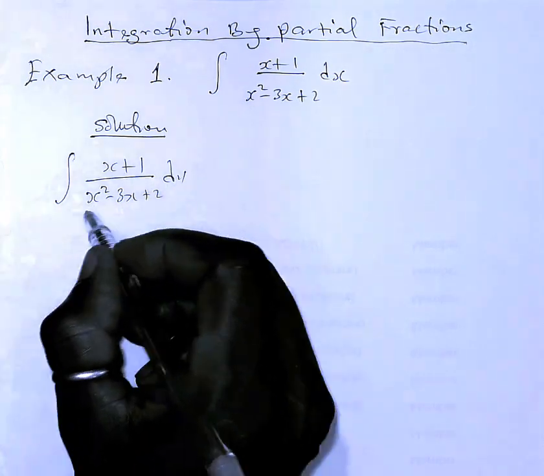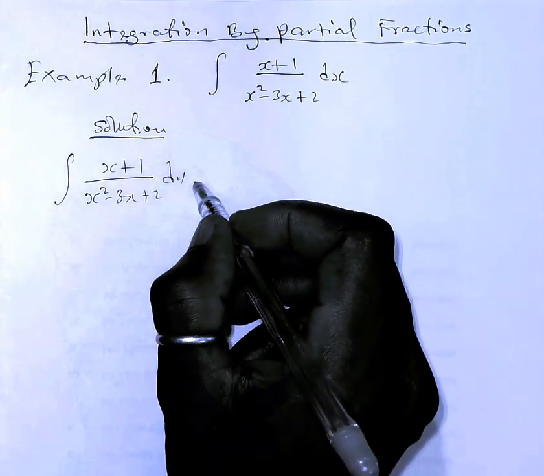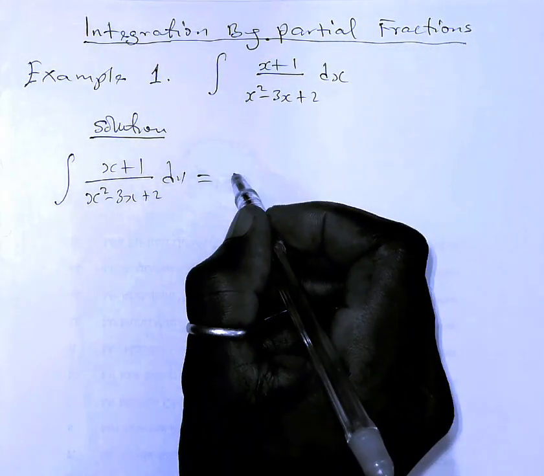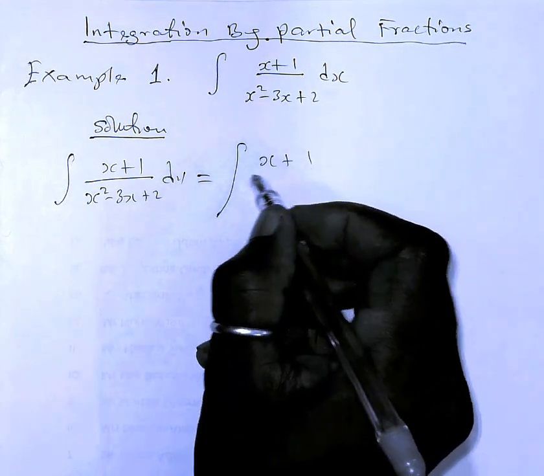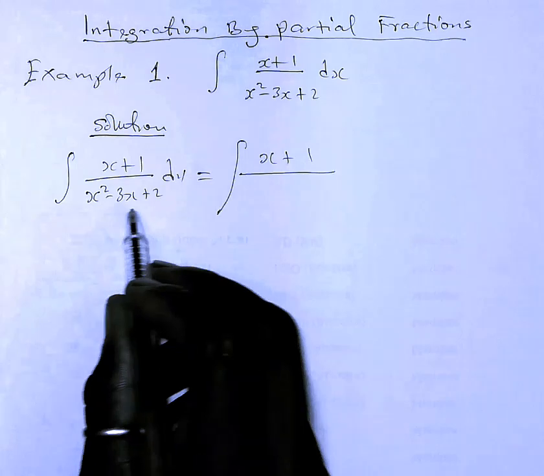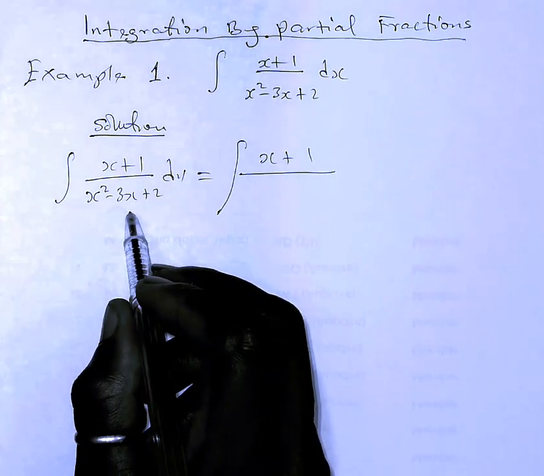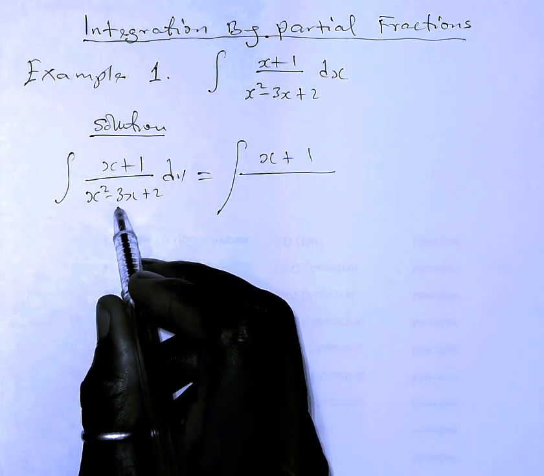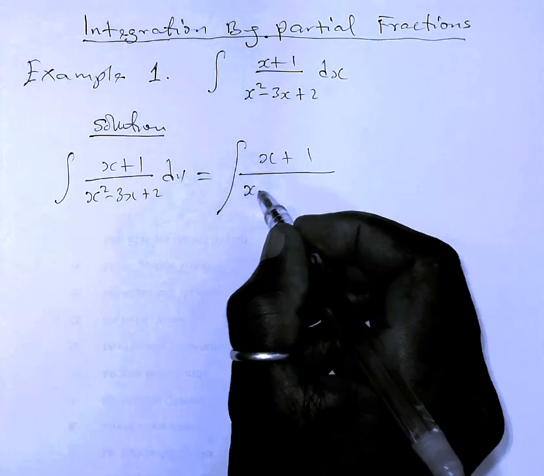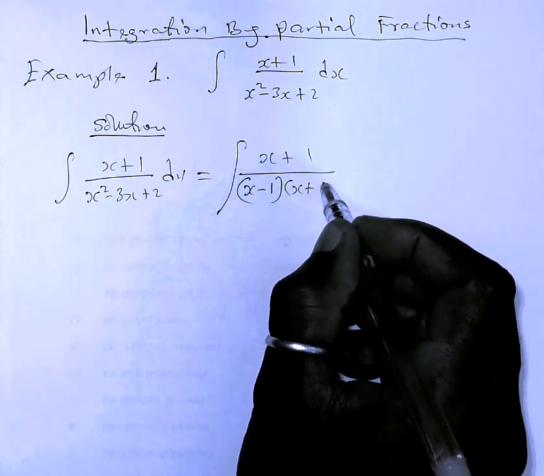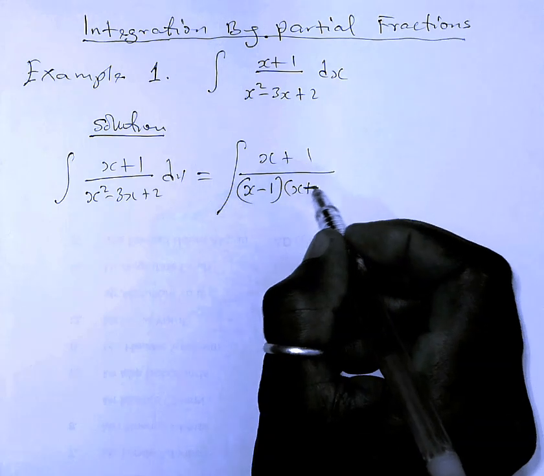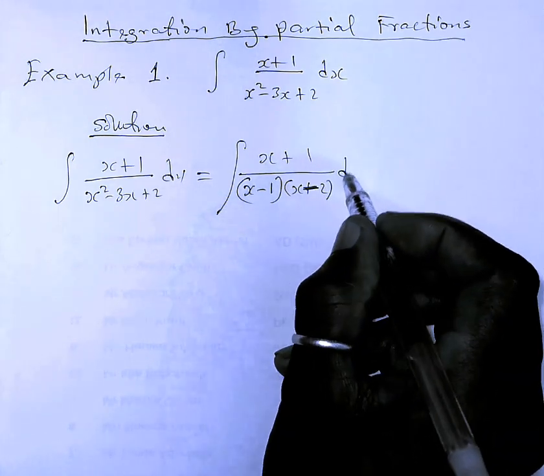We'll take this quadratic function and find its factors. The integral of x plus 1 all over, this can be expressed in terms of its factors as (x minus 1)(x minus 2) dx.